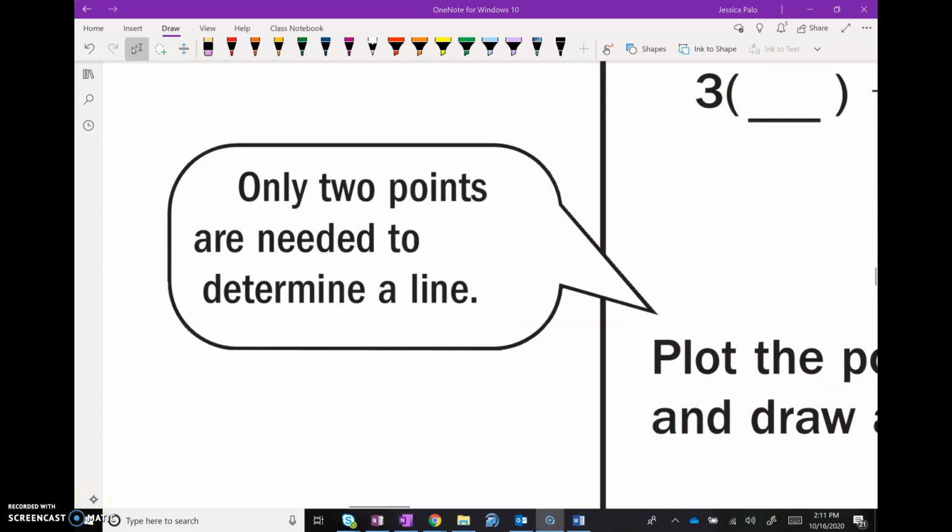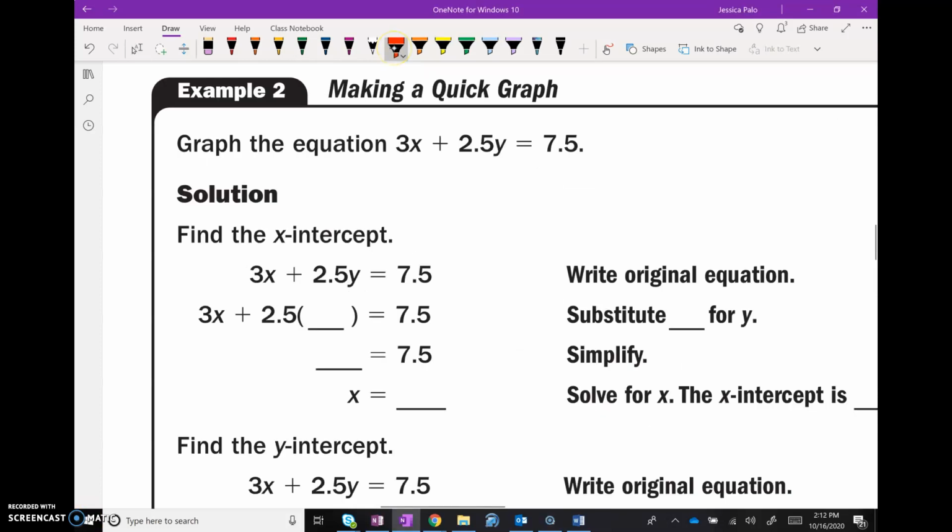Like this thought bubble says, only 2 points are needed to determine a line. So when you find your x-intercept and your y-intercept, once you plot those 2 points, you have the graph of your whole line. So we are going to use this equation, 3x plus 2.5y equals 7.5. First, let's find the x-intercept.